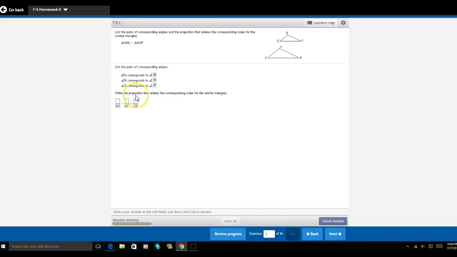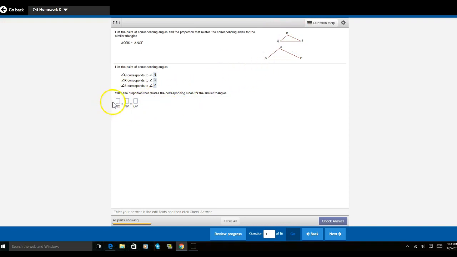Okay, now they want me to write the proportion that relates the corresponding sides for the similar triangle. So on the bottom, you see that they have used all of the side lengths for triangle NOP. So then my denominator of this ratio is going to come from triangle QRS.